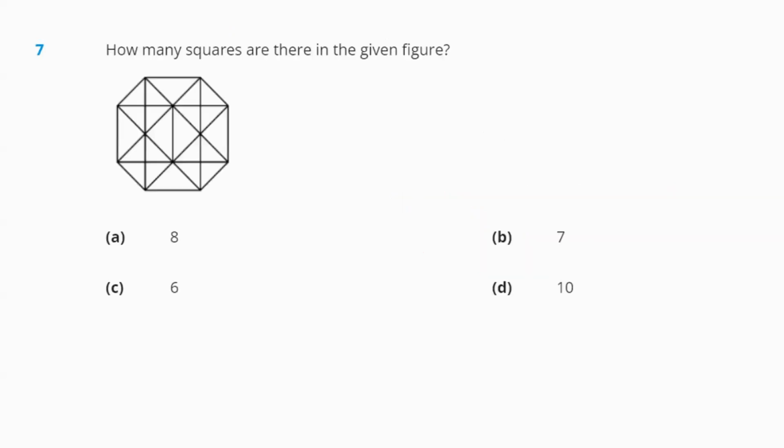How many squares are there in given figure? So let's count. First we will count this side squares. This is 1, 2, 3, 4, 5. So we have 5 squares here. Now more squares are, this is square number 1.